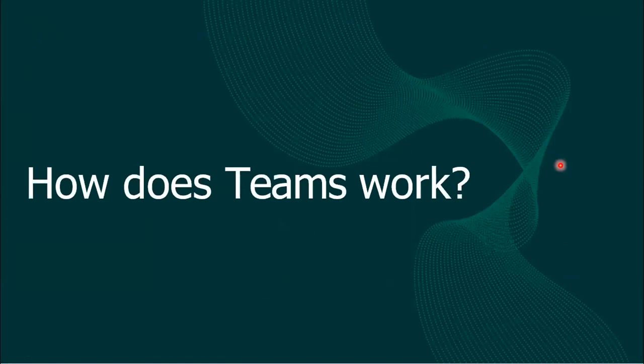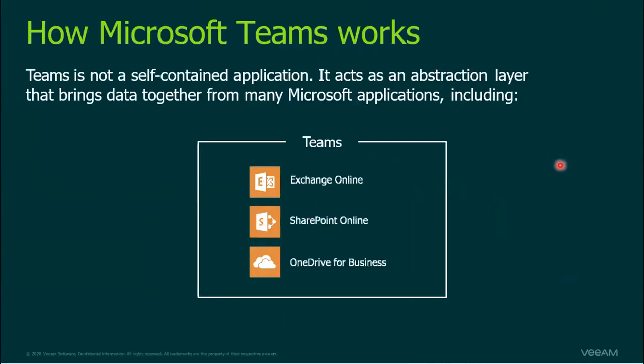Now let's come to the point: what exactly does Teams do? How does Teams work? Everybody is aware of the Teams application, and I'm 100% sure most of you are already using it. What exactly is Teams? Teams is just an abstraction layer between three different components: your Exchange Online, your SharePoint Online, and OneDrive for Business.